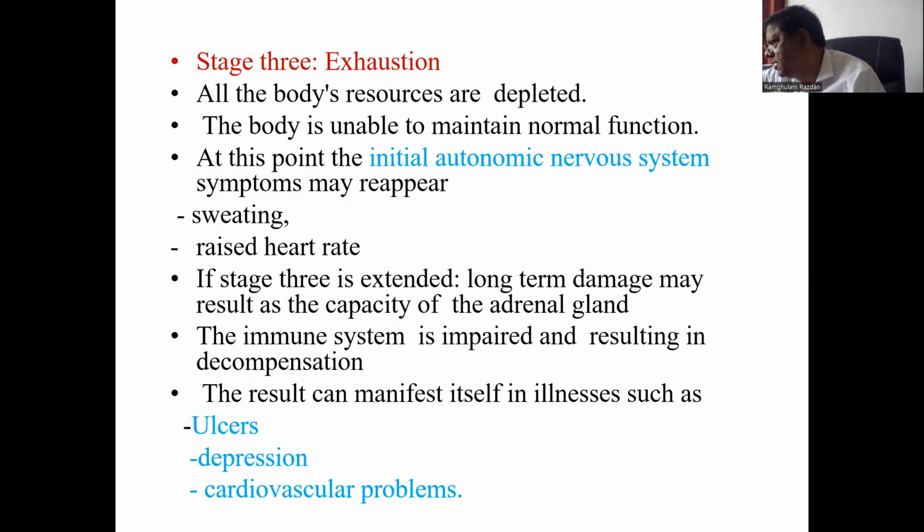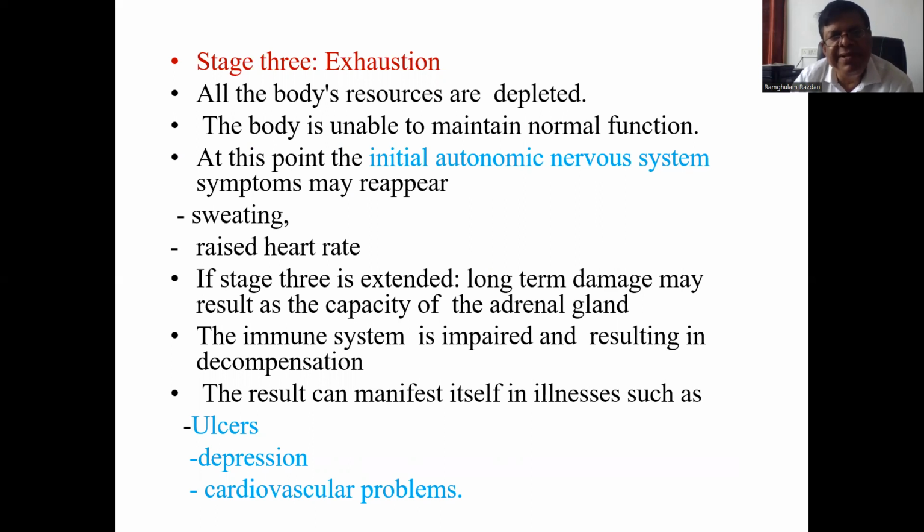Now, what happens in stage 3? All the body responses are depleted. The body is unable to maintain normal function. At the point of the initial autonomic nervous system hyperactivity, certain symptoms appear in the form of sweating and raised heart rate.